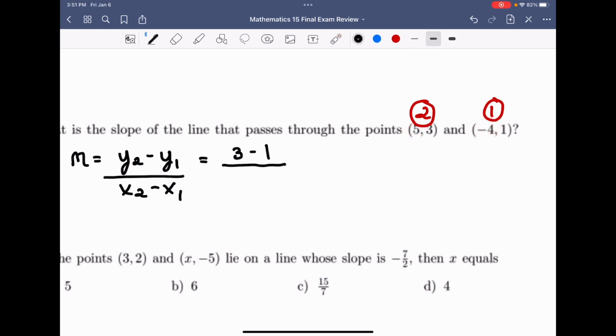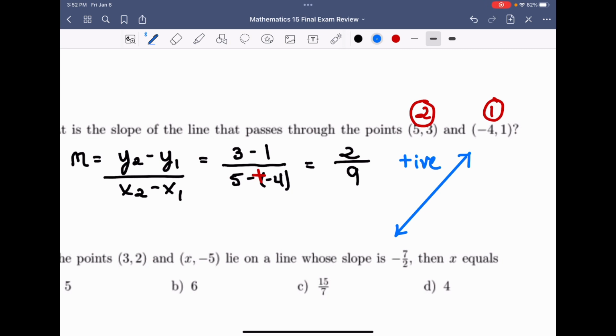When I put those two things together, it's 5 minus that -4. And this is going to be equal to 2 divided by 5 minus -4. That's like saying plus 4. And that would be 2 over 9. So we actually get a positive slope here. We get something that increases when going from left to right, or a graph that specifically looks like this. From left to right, it is increasing because this slope is a positive slope.